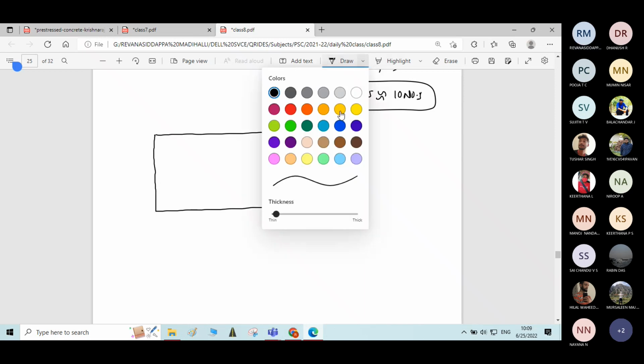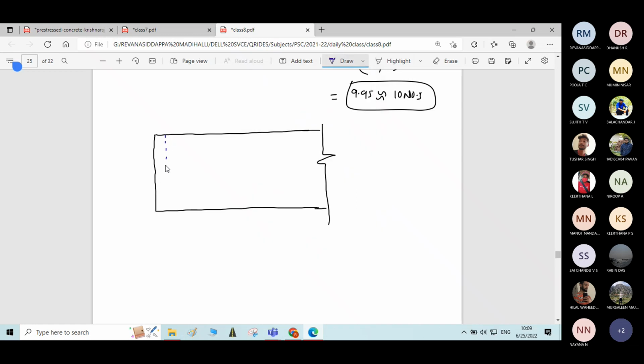Here a gap of 0.2 Y naught should be left.